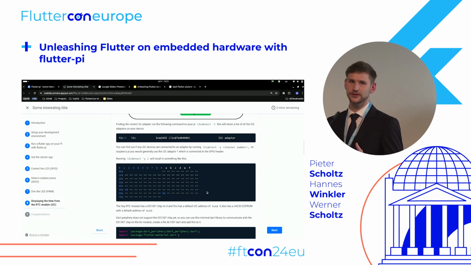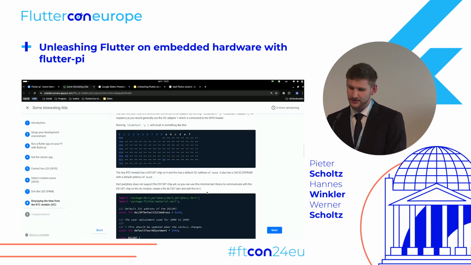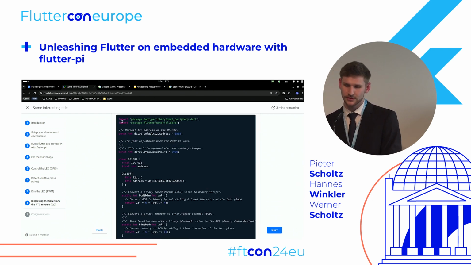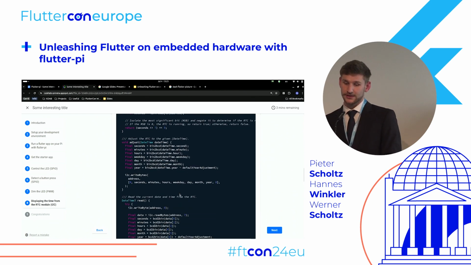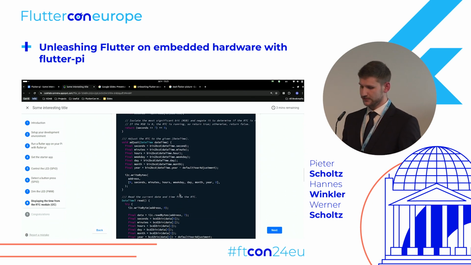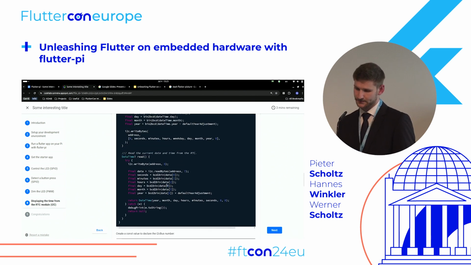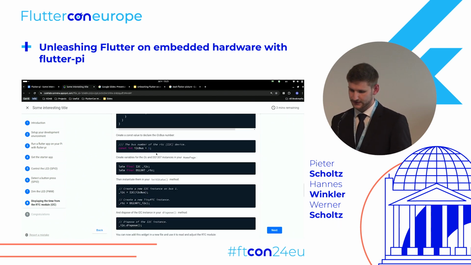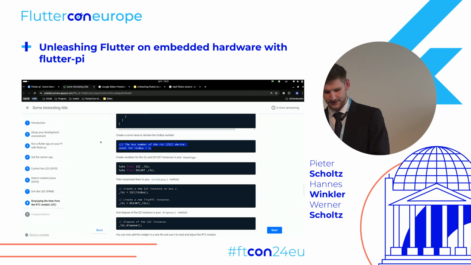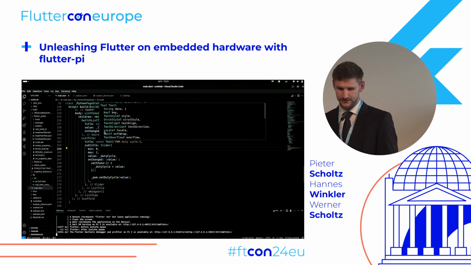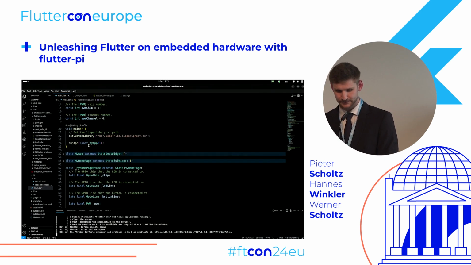And then there's probably also a Linux kernel driver for communicating with it. But in this case, it was simple enough to just create a small Dart implementation just to adjust the date and time on the RTC module and also read it. So yeah, I'll just go ahead and set that up.